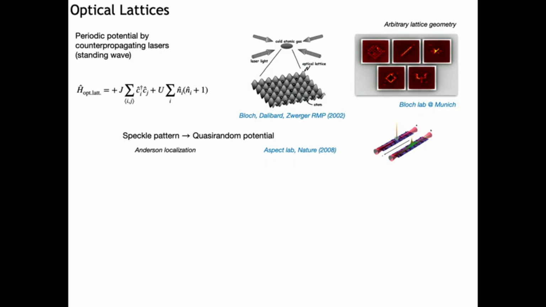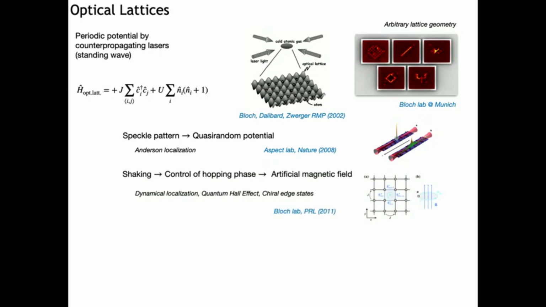Again, this is Anderson localization of ultra-cold atoms in a quasi-random potential created by light. So this has very little physically in common with the original description of Anderson localization for impurity bands in semiconductors, except that there is an analogy. So this is an analog simulator of the original Anderson Hamiltonian for alloys.